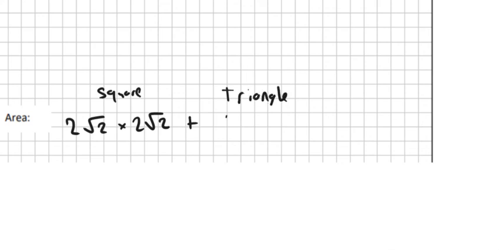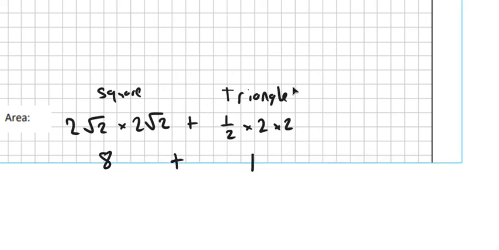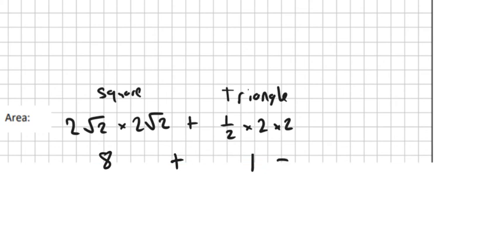So a half times base times height, a half times 2 times 2, and that's just going to be 1 there. And here you're going to get 8. So 8 plus 1 will be 9 centimeters squared.